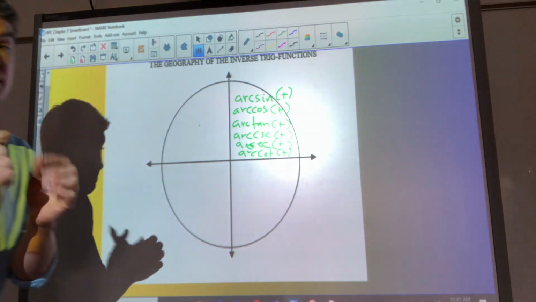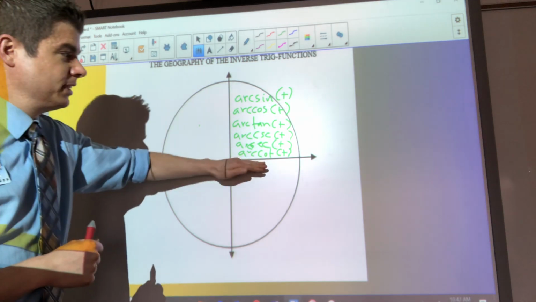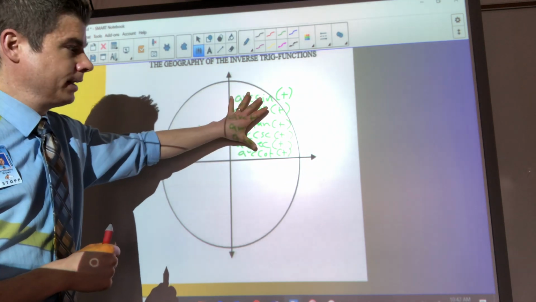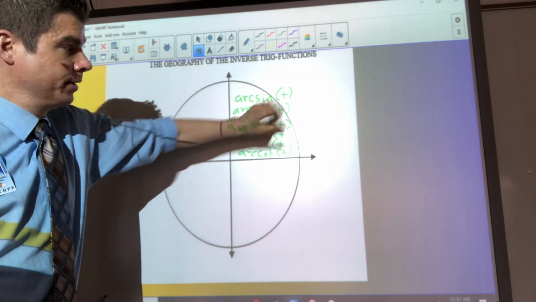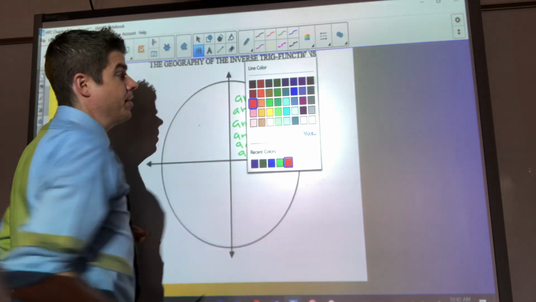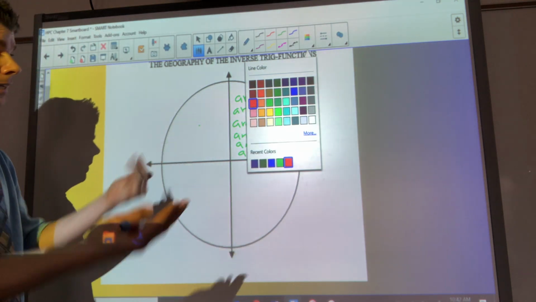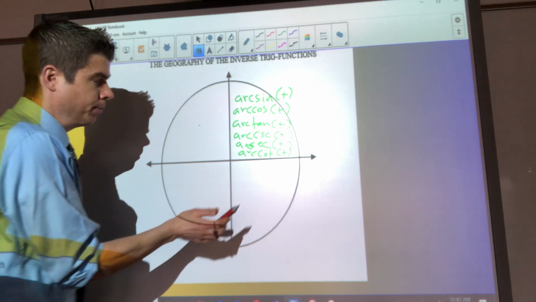So if you are given a ratio that's a positive value, all 6 of the trig functions as a positive ratio, you would draw then a triangle in quadrant 1, and only one. Now, if you are given a negative ratio, that's where we start splitting in terms of which quadrants you are going to put them in.